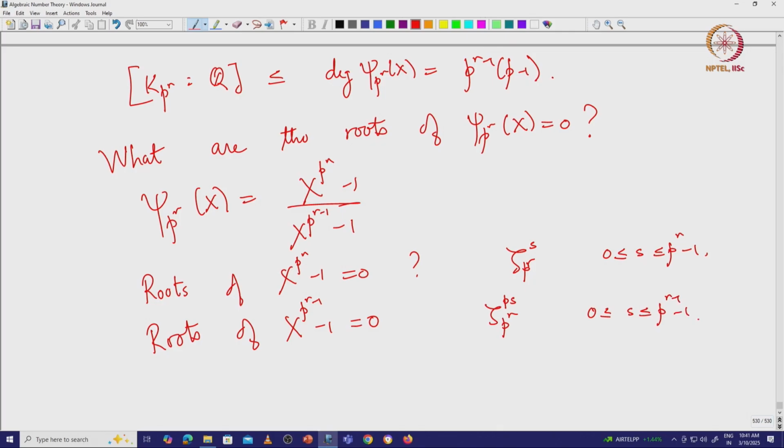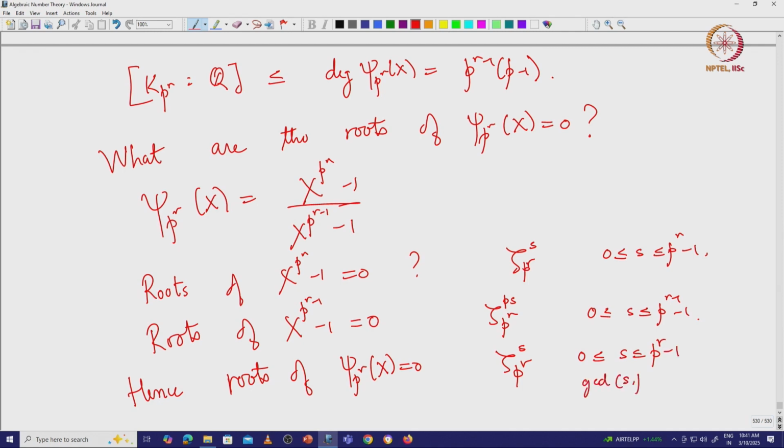So, something that is divisible by p. So, hence the roots of psi p to the r (x) equal to 0 are zeta p to the r to the power s. Now, s is still between 0 and p to the r minus 1, but GCD of s and p is equal to 1.